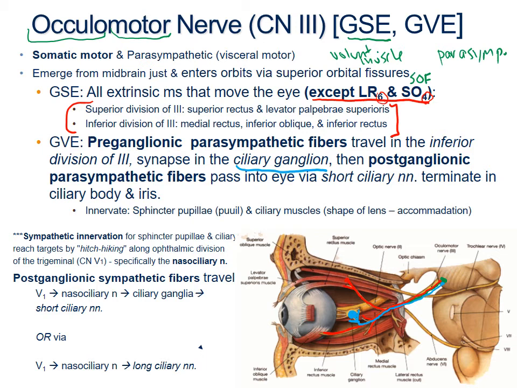After it synapses in the ciliary ganglion, we now have postganglionic fibers. They are going to jump on to V1. Look at that. V1 is sitting right here. We just talked about that. And remember, V1, the cranial nerve 5, gives the pathway for parasympathetic fibers to get to their target place.